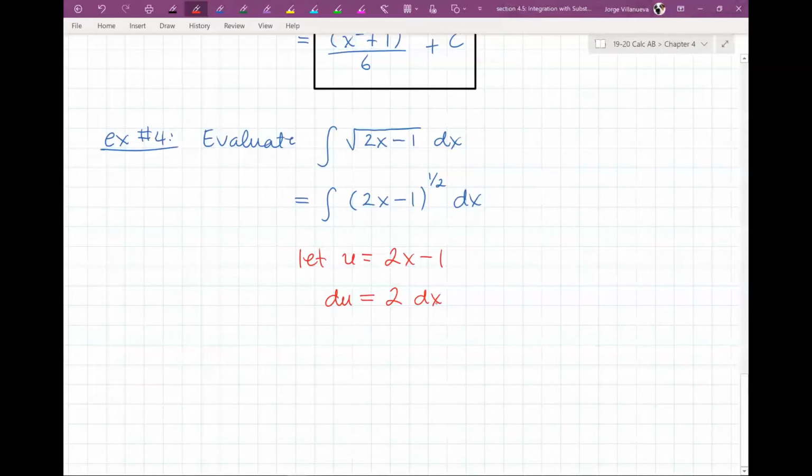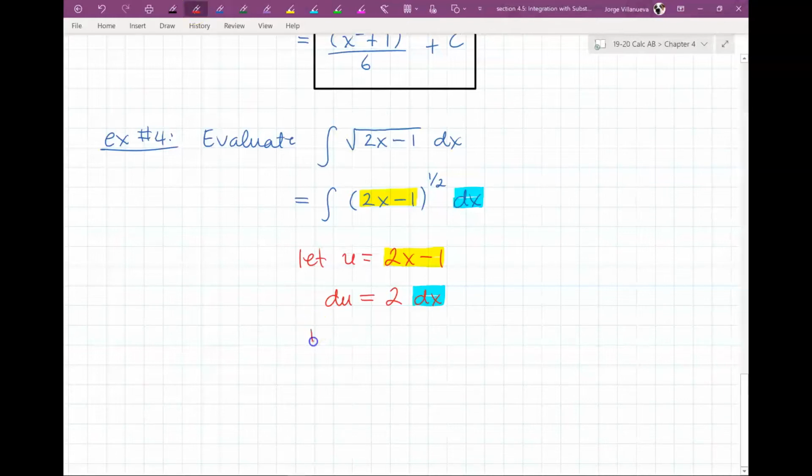Okay, so since my 2x minus 1 matches this, and my dx matches this part, but that number 2 doesn't match anything there, right? Yeah, it's part of a power, but we don't try to use powers as references. So that means I'm just going to try to isolate it.